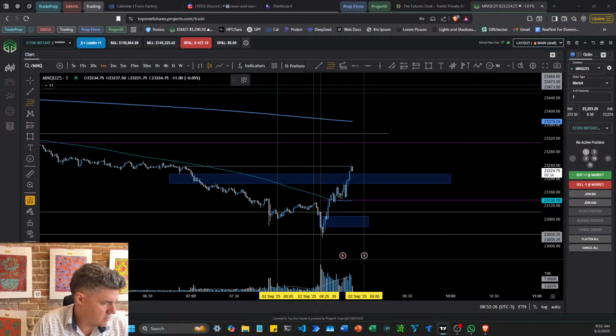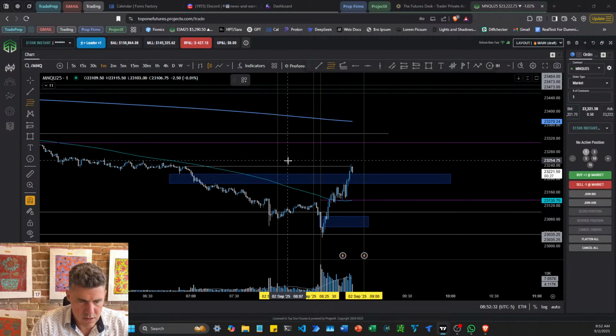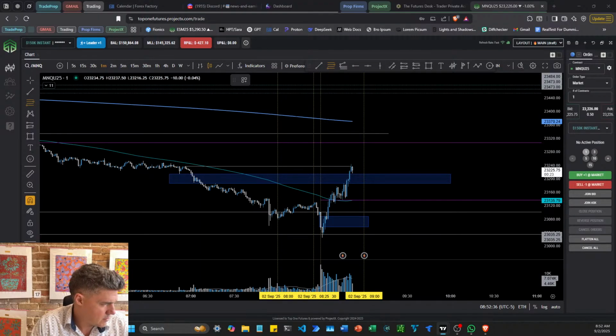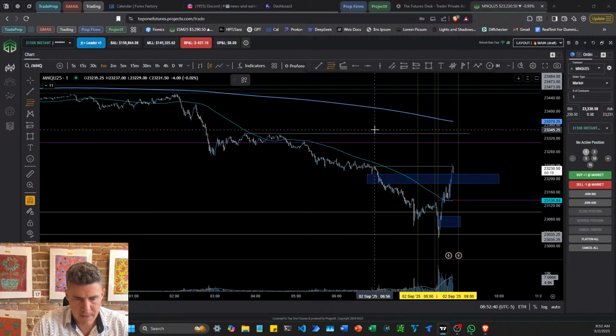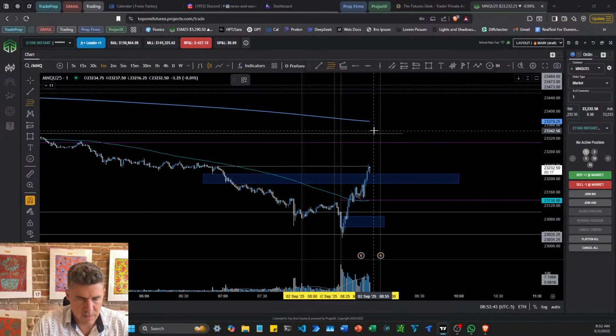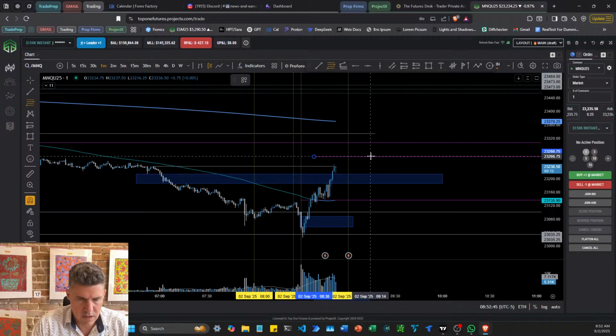I'm just on my TradingView chart on the other thing. I'm going to do some standard deviations. So this is about 2 from here. 4 is all the way back up here. So market maker buy model kicking in.